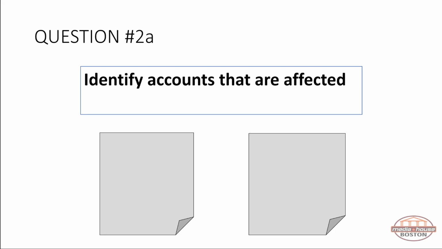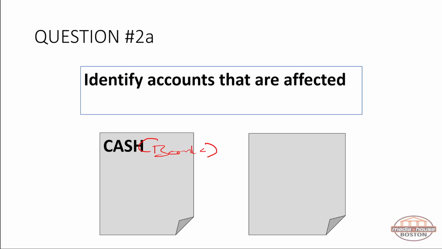To identify the accounts that are affected, we need to identify what actually happened. The first thing we notice is that the money went into our bank account. So this is our bank account. Money went into our bank account. The second account that needs to be created is the account that indicates the owner's interest in the business, to show how much the owner invested.